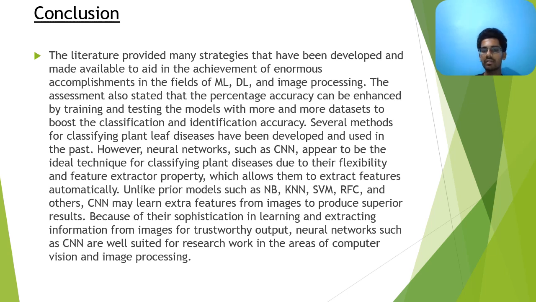Unlike prior models such as NB, KNN, SVM, or FC, CNN can learn extra features from images and produce supervised results, because of their superiority in learning and extracting information from images for a trustworthy output. Neural networks such as CNN are well suited for work in the areas of computer vision and image processing.